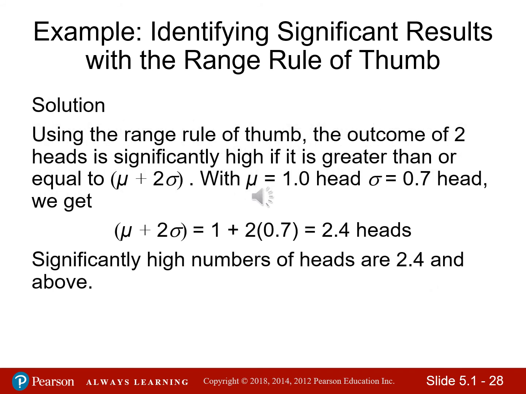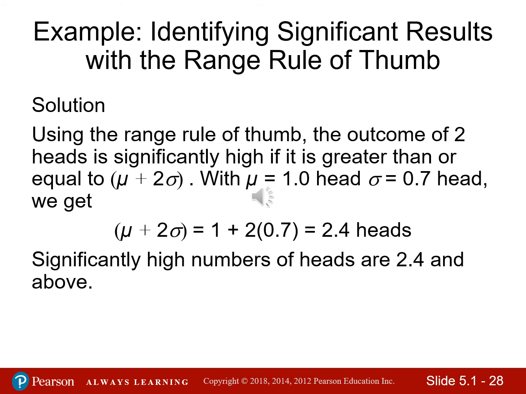Using the range rule of thumb, the outcome of 2 heads would be significantly high if it's greater than or equal to mu plus 2 sigma. Recall that our population mean mu is equal to 1 head, and our standard deviation sigma is equal to 0.7 head.